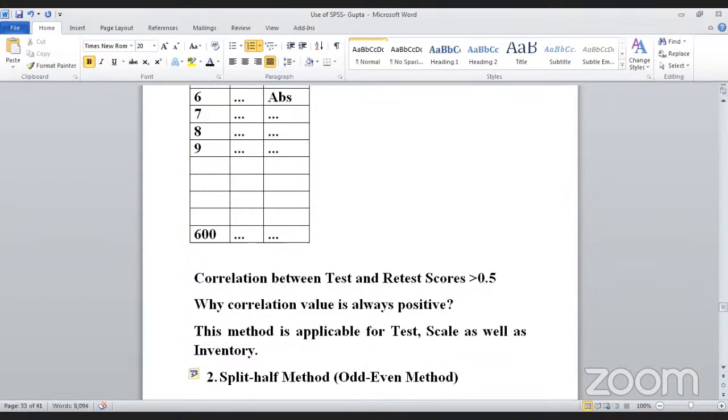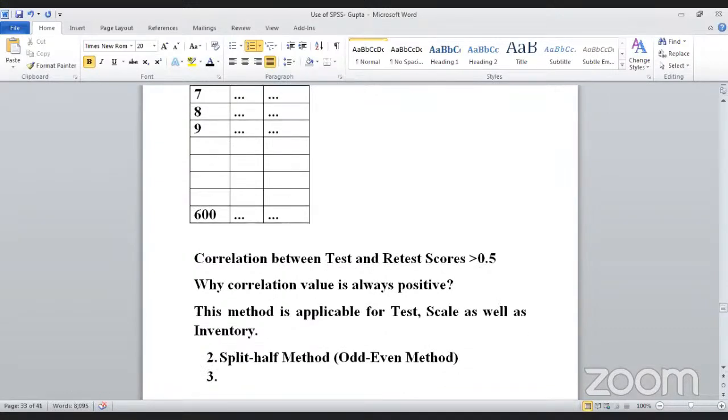Now if you have to use a split half method for establishing the reliability, then as the name suggests, you have to split the test. Here you have to administer it only once.